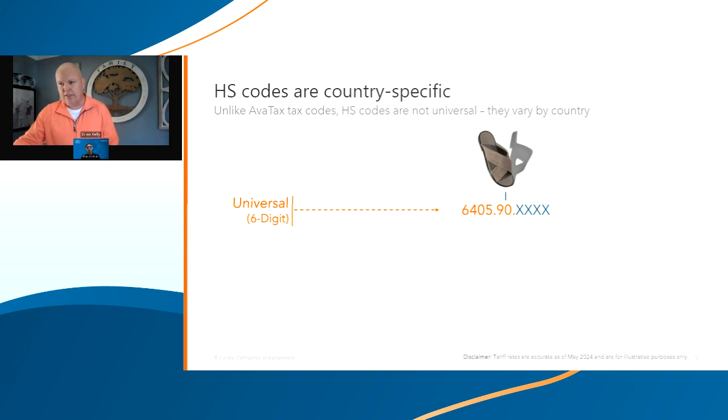So this sandal, as I mentioned, there's a 6-digit code that tells customs clearance this is a rubber sole, leather top, men's slipper made in China. All of those details are in that initial 6-digit universal code, which matter.